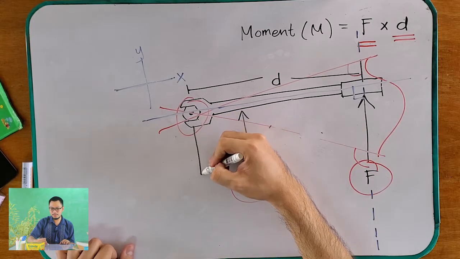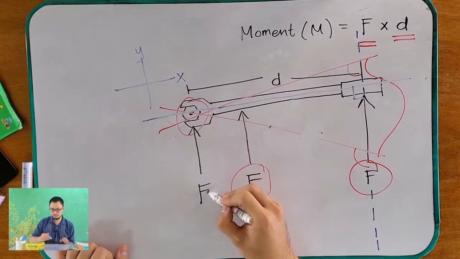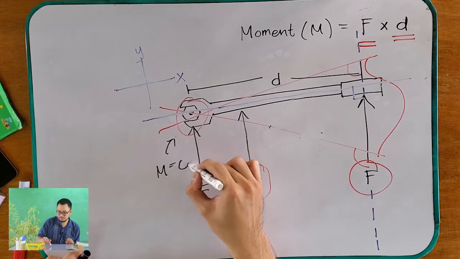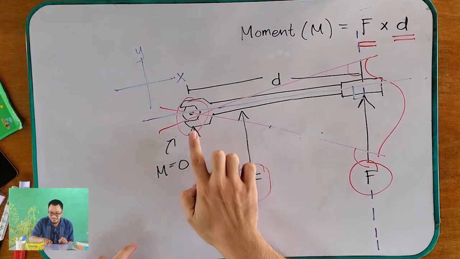Sir, how about if the force is placed there? If the force is placed here, what will happen? We are no longer creating a moment. Therefore, our moment here is 0. In this case, it is as if you are pushing your bolt. You are not creating a turning effect on our bolt, but you are only pushing.